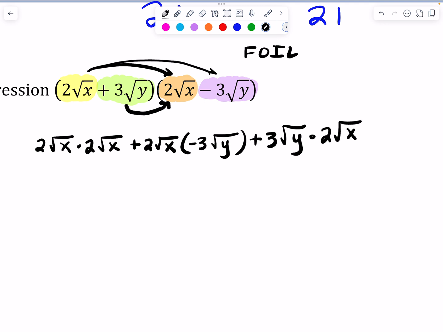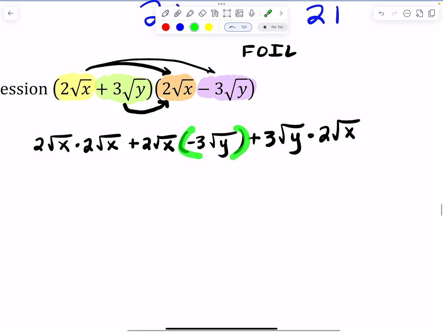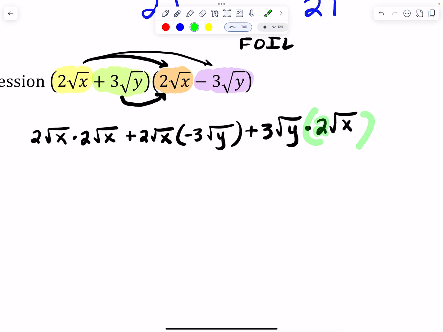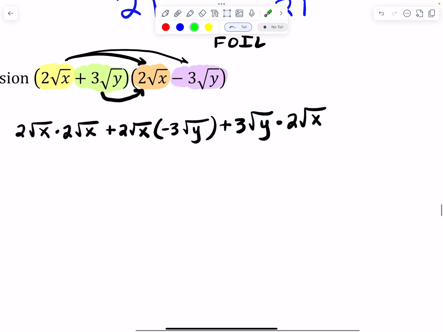Notice I did put parentheses around this one because it had a negative sign. This 2 is positive. You could put parentheses for the multiplication if you want, but you don't have to. And then we have the first term times the last term.